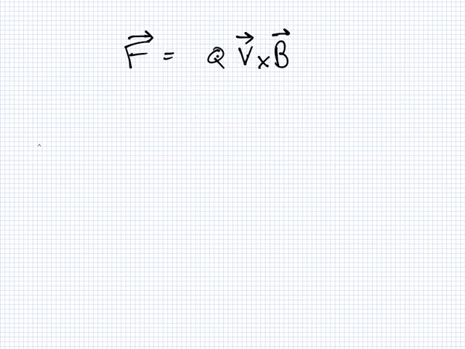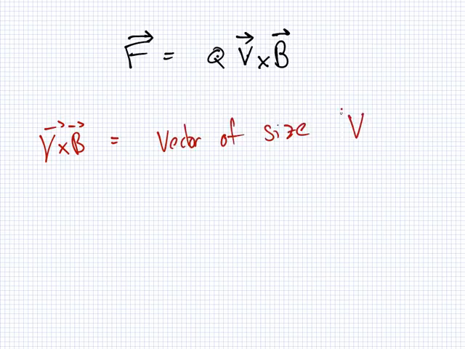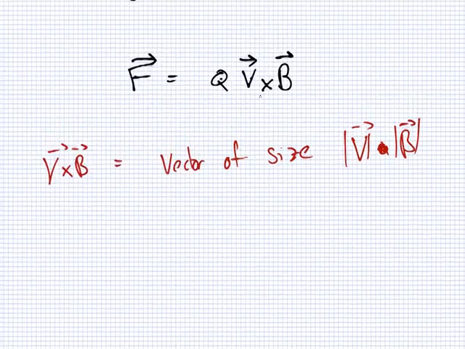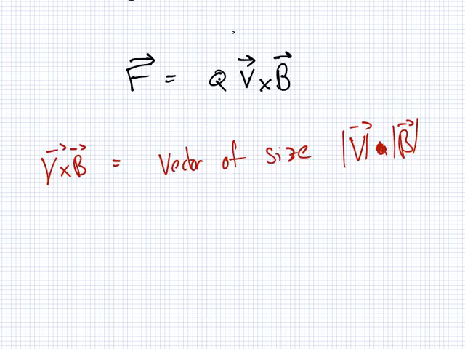If I say vector V cross vector B, that will just be a vector of size magnitude of V multiplied by magnitude of B. Let's say this was 10 meters per second north, and this was 2 Tesla east.